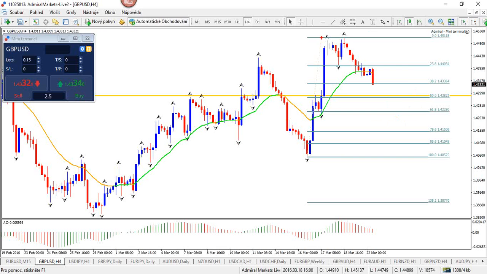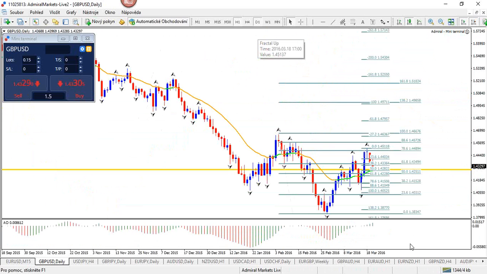Yes, you have a 78.6 fib here, but this could easily be an ABC zigzag as well to a higher resistance. But the 78 could easily be a turning spot, and we might see this. So I'm a bit cautious with this one. I don't think that it's a clear read. I think there are a lot of factors playing into this with the pound, and it's a difficult currency pair at the moment.